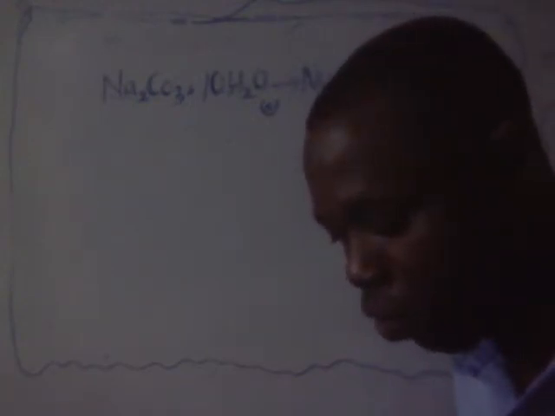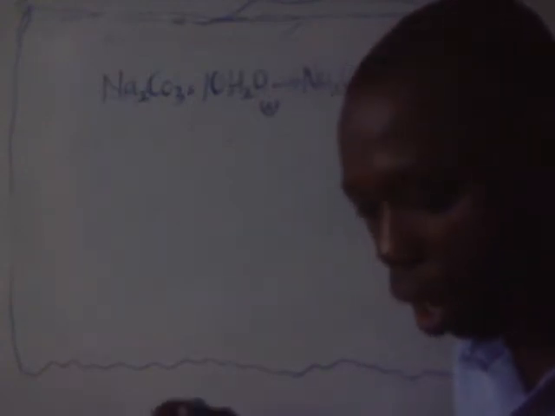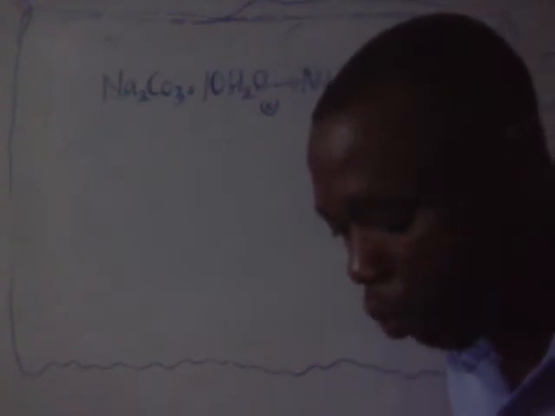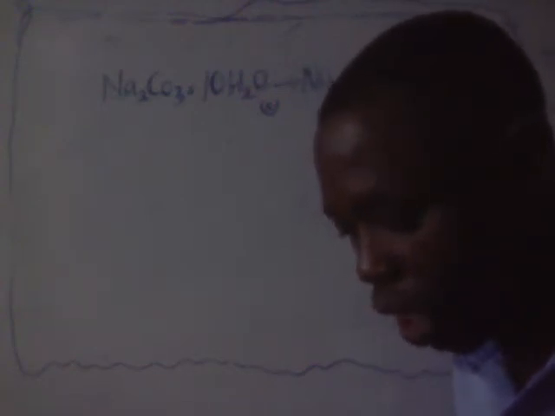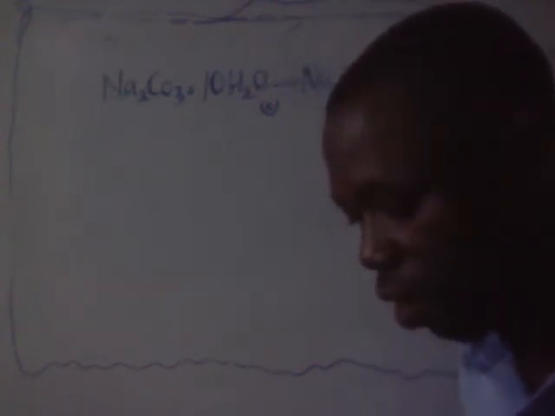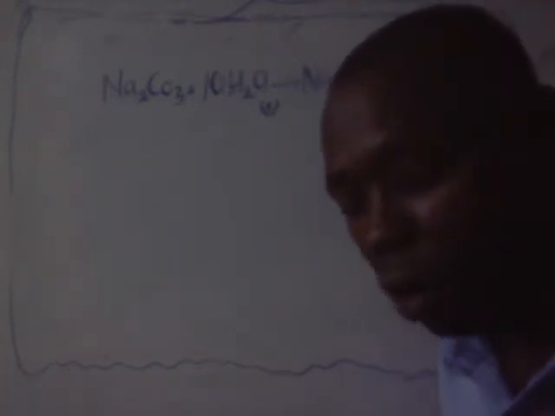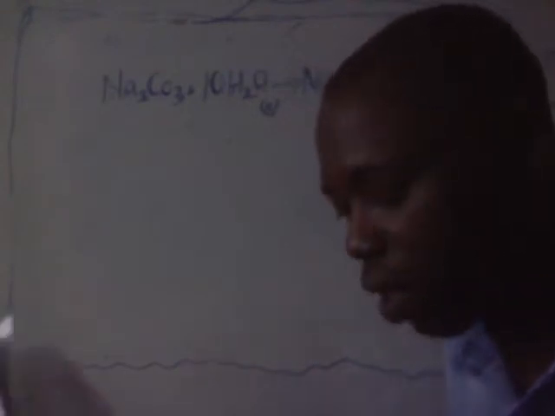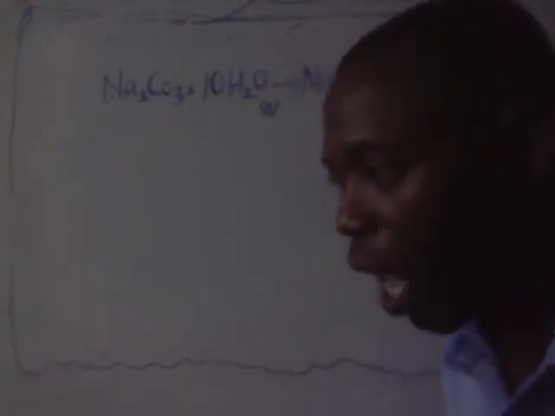Let's go to number 13. The type of chemical bond that exists between potassium and oxygen in potassium oxide is: A, covalent bond; B, dative bond; C, hydrogen bond; D, ionic bond; and E, metallic bond.